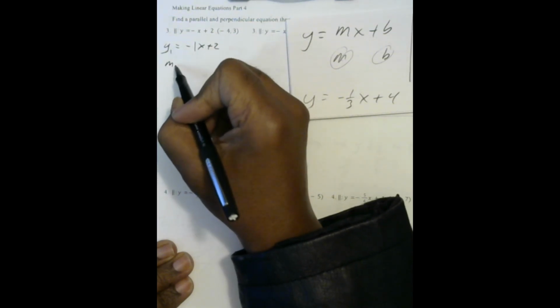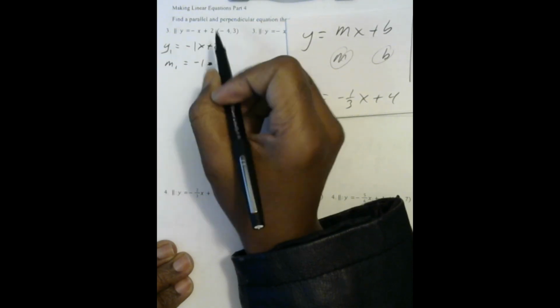So your slope for this equation is -1. Okay, now we'll just say -1. Now, to find a parallel slope, the one that we're looking for, the parallel slope is always the same exact slope. So the slope for the equation that we're going to make, we'll call it slope number 2, will be also -1.